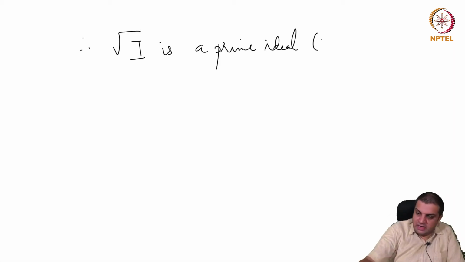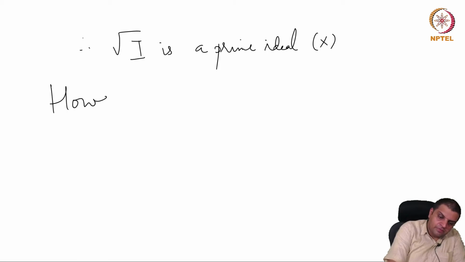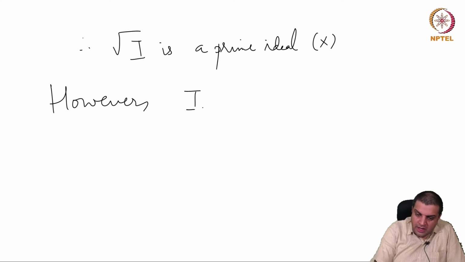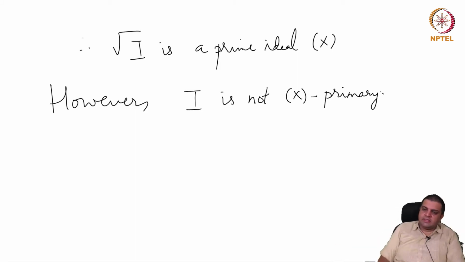However, I is not (x)-primary. And why is that?